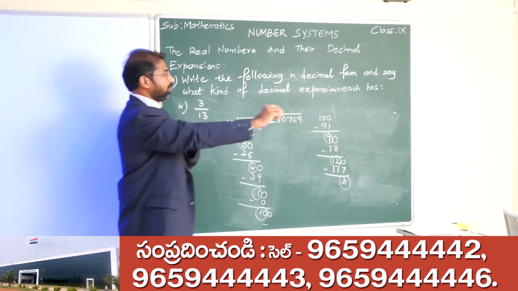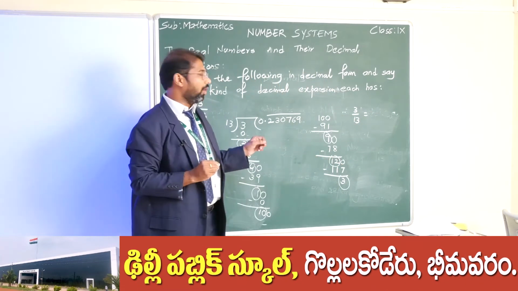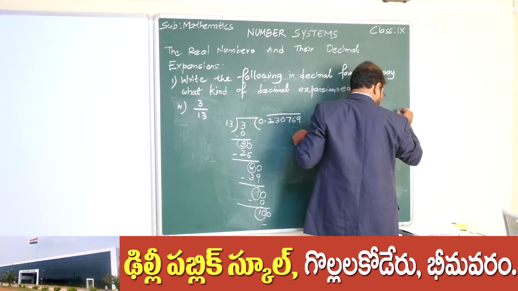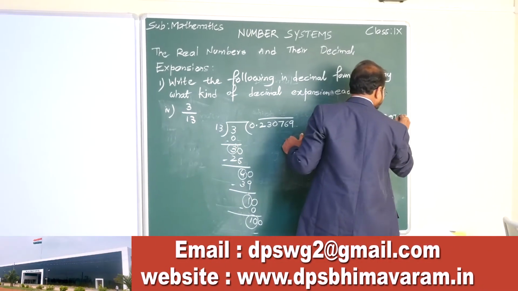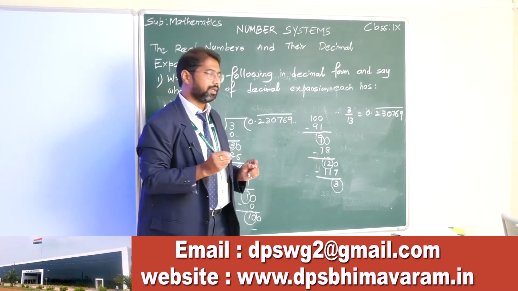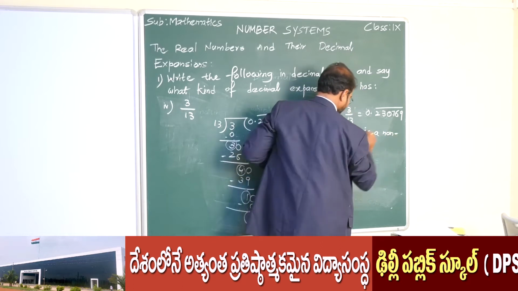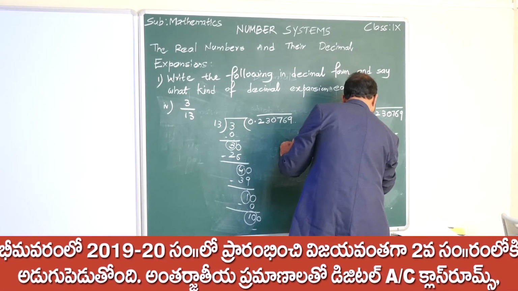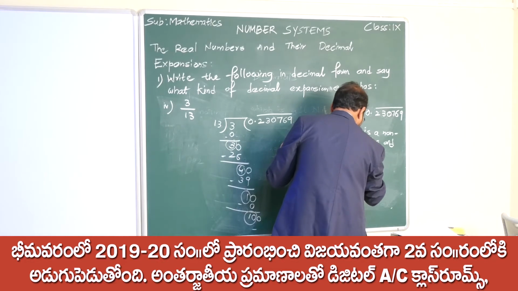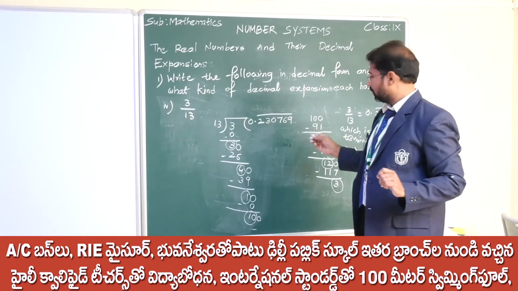So 3 by 13 can be written in decimal form as 0.230769 bar, which is a non-terminating repeating decimal. Clear?